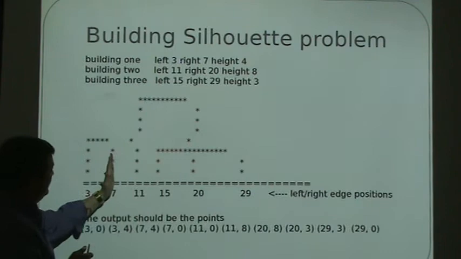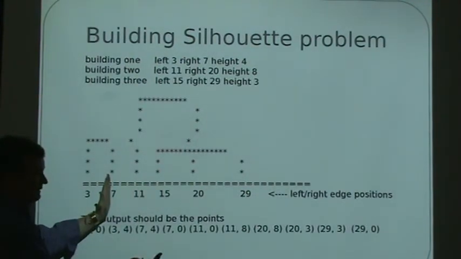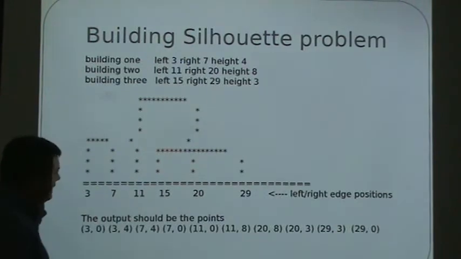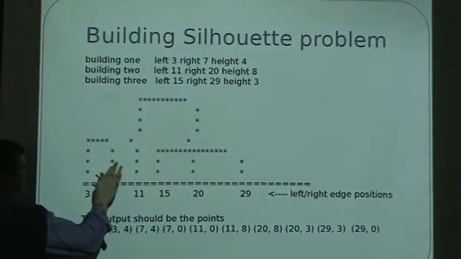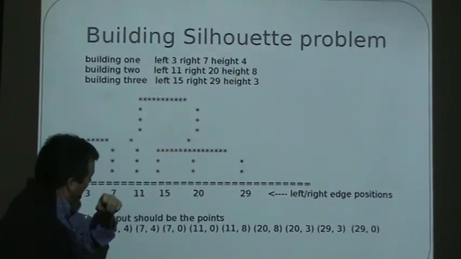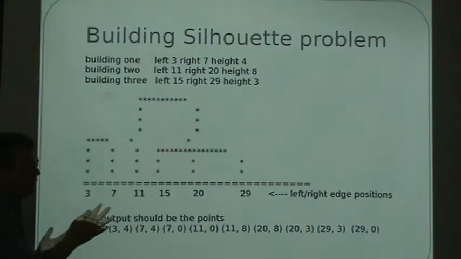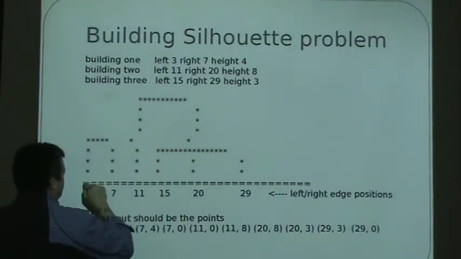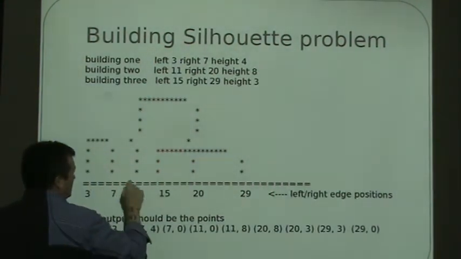And every time we hit the end of a building, we delete that building from some structure. And at all times, we need the structure to tell us, of all the items in it, which is the current tallest building, because all we're doing at all points in time is printing the height of the tallest building.